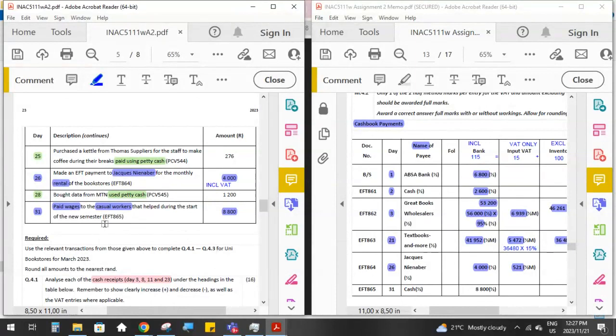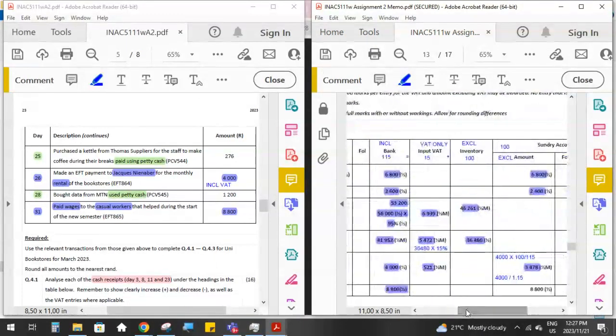But because here they did say an EFT, I accepted wages there because we transferred directly from our bank account into the casual workers' bank accounts that Rand value of money. So the total amount that came out of our bank account is the 8,800. Must be the total.